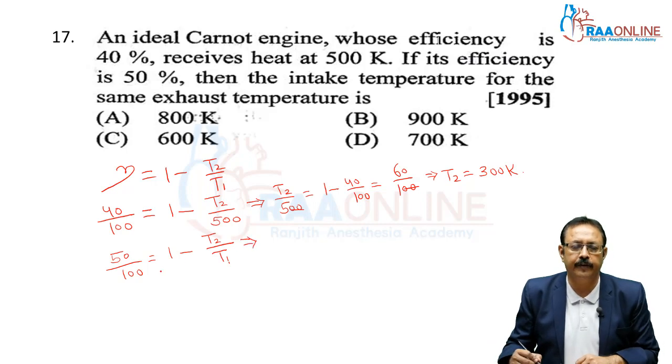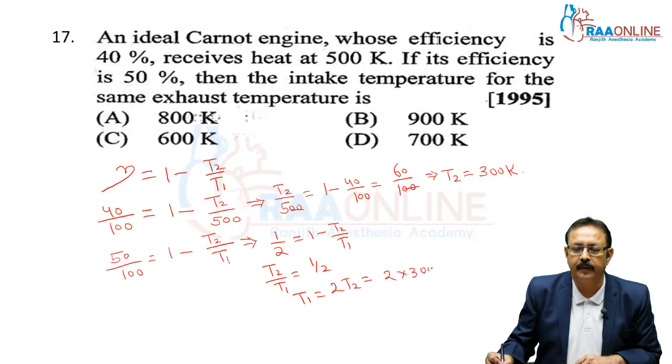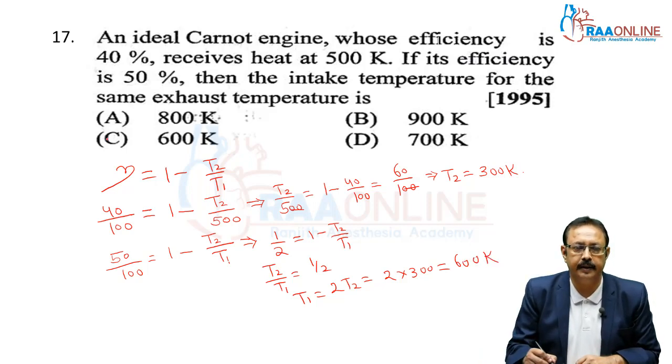Now 50 upon 100, means 1 by 2, is equal to 1 minus T2 by T1. So T2 by T1 is equal to 1 minus 1 by 2, means 1 by 2. So T1 is equal to 2T2. We got T2 300. So T1 should be 600 Kelvin. So we are going with option C.